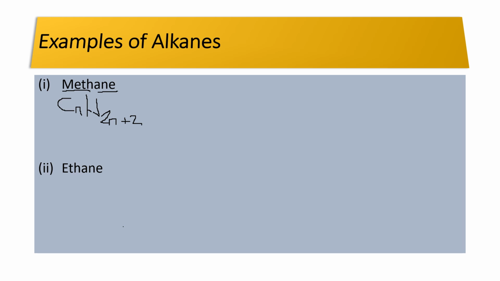So meth has 1 carbon atom, so you replace n with 1. It will be just C, then H, 2 times 1, that is 2, then plus 2, we get 4.